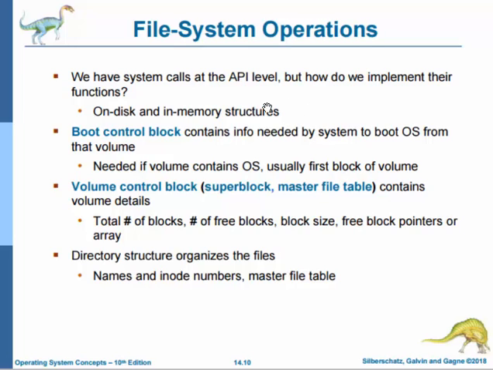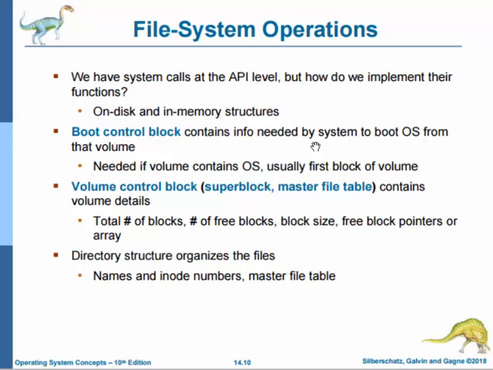Now, several on-storage and in-memory structures are used to implement a file system, and these structures vary depending on the operating system and the file system, but some general principles apply. On storage, the file system may contain information about how to boot an operating system stored there, the total number of blocks, the number and location of free blocks, the directory structure, and individual files.